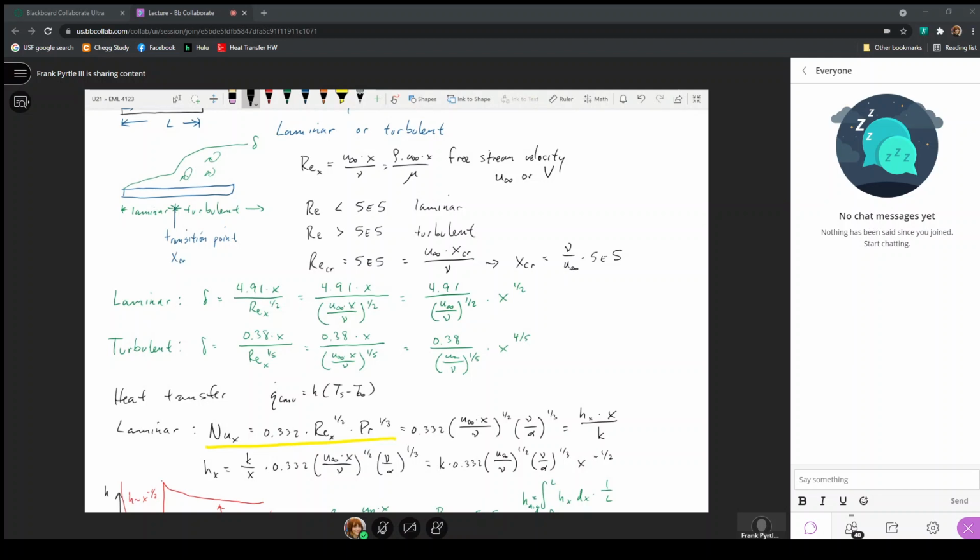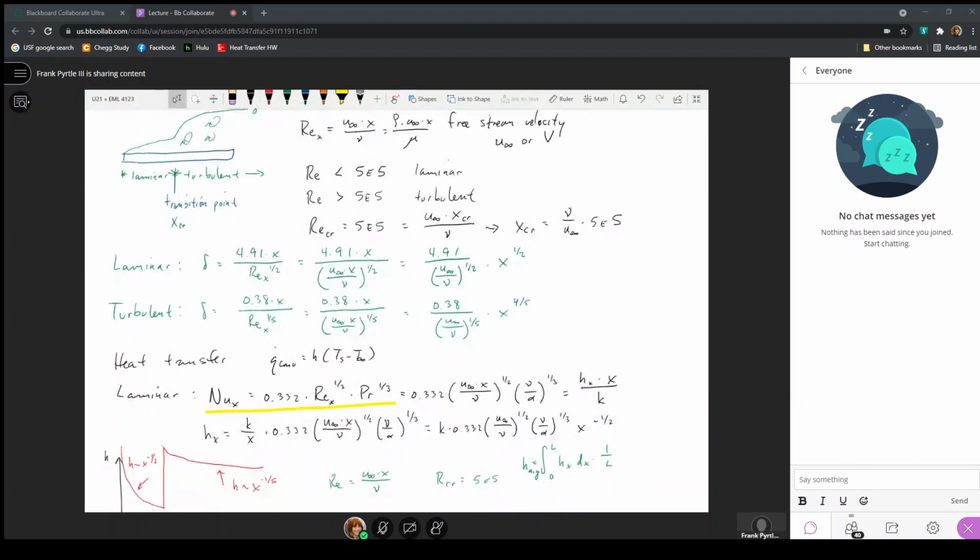Now, to get to heat transfer calculations, we considered the expression of Nusselt number correlations, where we would use the definition of the Nusselt number. So the local Nusselt number here, Nu sub x, is just defined as the local heat transfer coefficient h sub x times the x position divided by the thermal conductivity of the fluid.